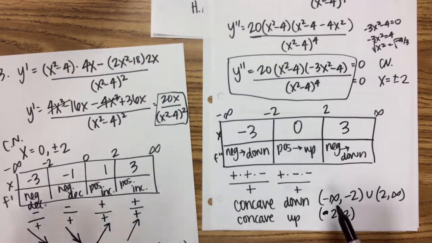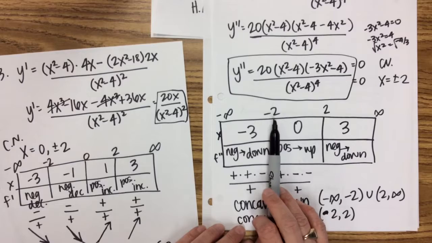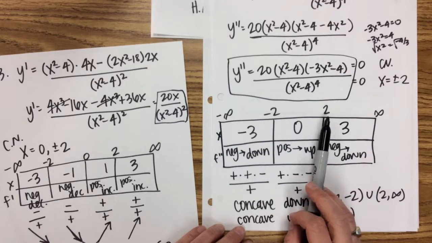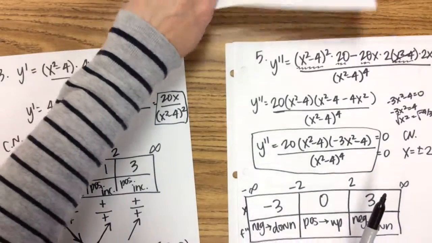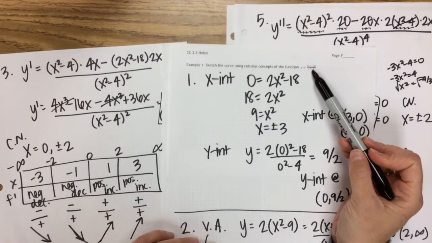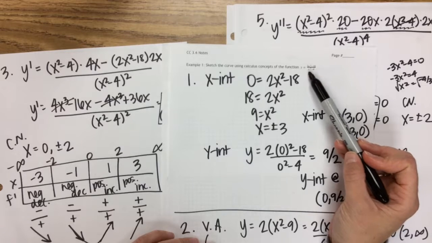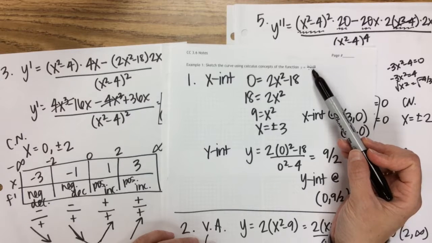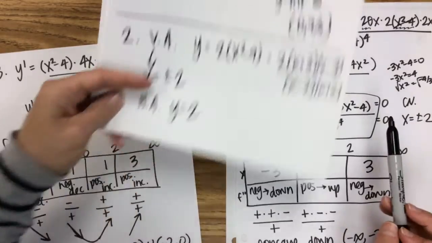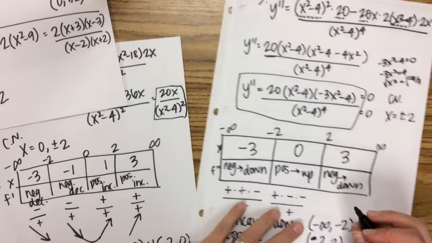My possible inflection points are when you change concavity, so negative 2 and 2 are possible inflection points. But if I went back up to the original equation, negative 2 squared minus 4 and 2 squared minus 4 are where it's undefined. They're where I have vertical asymptotes. So there's no inflection points because the possible inflection points ended up being vertical asymptotes instead.